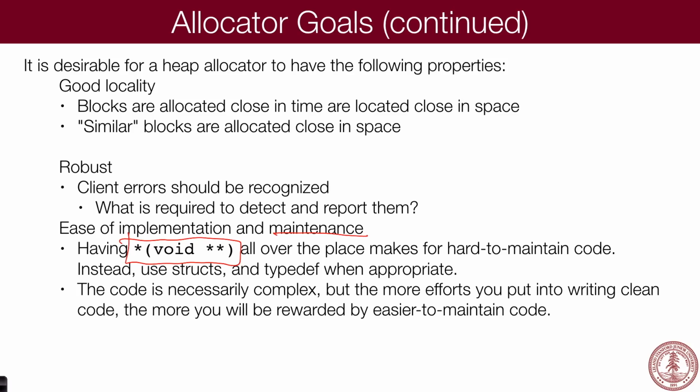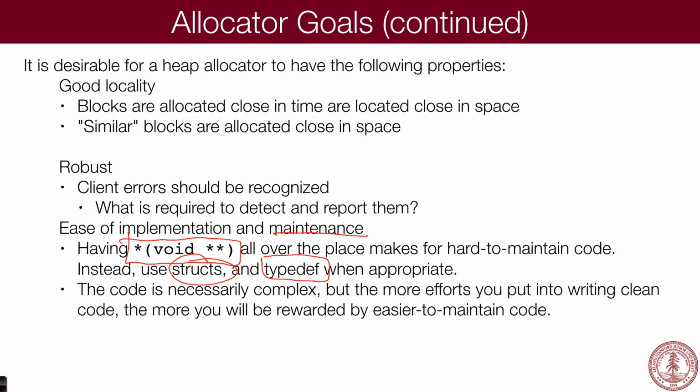You can prefer to typedef these things. You can say, look, I'm going to have this void star star pointer, and I'm going to typedef it to some other definition that makes it much easier to understand. So you're going to do things like that and use that as much as possible. You're also going to, if you can, use structs to actually point to a location, and then if you cast a void star to a struct star, remember how structs work?